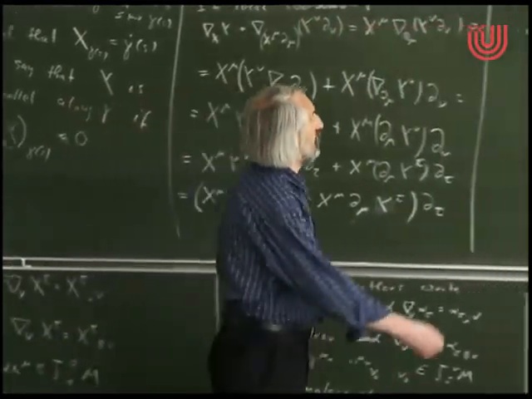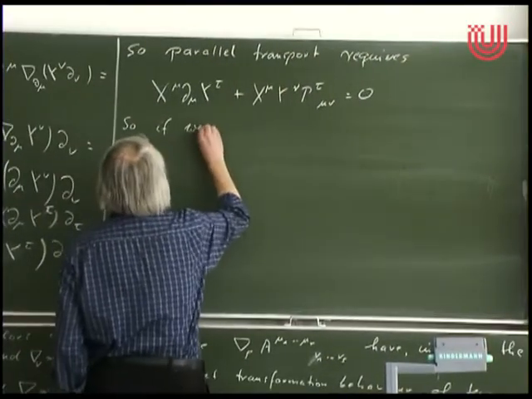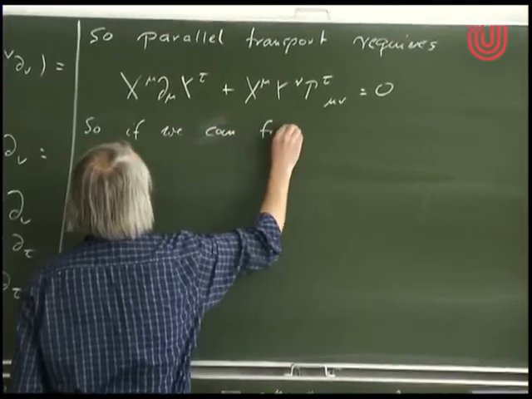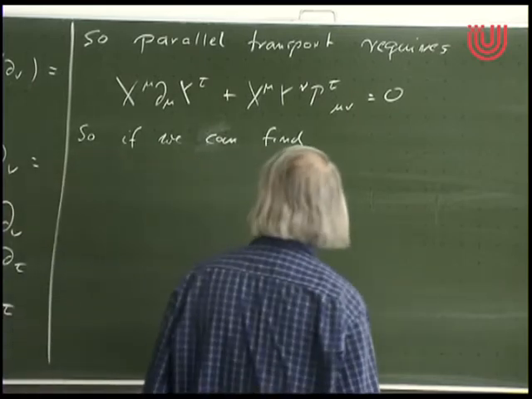So we observe, let me write it down. So if we can find a chart, and I say already now, in general we will not be able to find such a chart. Such a chart in general doesn't exist. It exists only for very special connections.